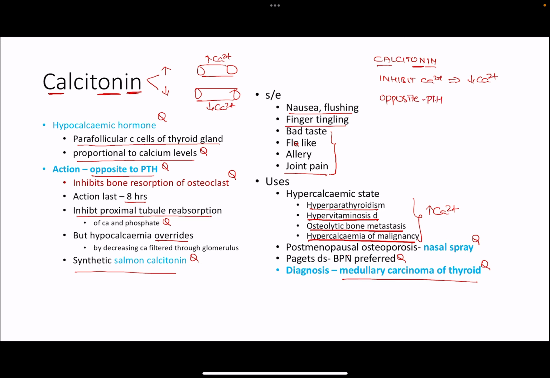Basically it inhibits osteoclastic activity. Apart from that, remember it is given through a nasal spray and used for the diagnosis of medullary carcinoma of thyroid. These are the things you should keep in mind before going to the exams. Thank you.